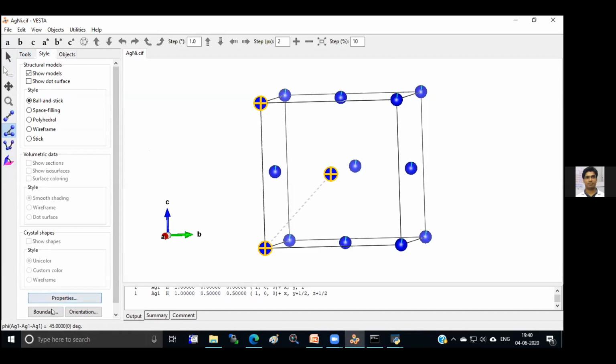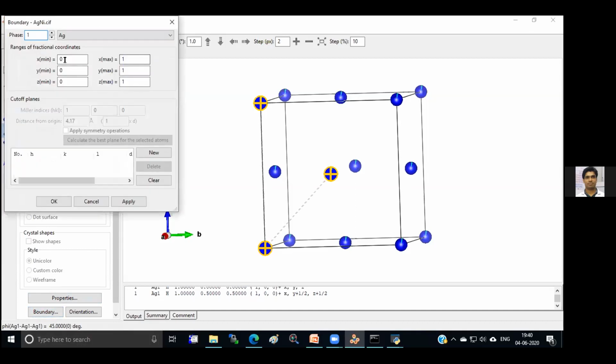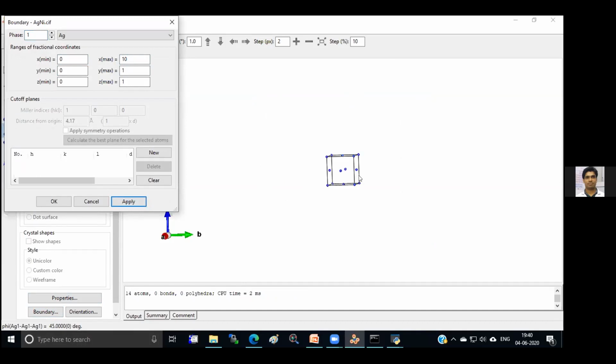You can also multiply the unit cell. Go to the boundary section in the Style window. You can increase the range along the x-axis. At the x-axis the minimum is 0 and the maximum is 1. We can change the maximum to 10. You first have to see which page you are looking at.